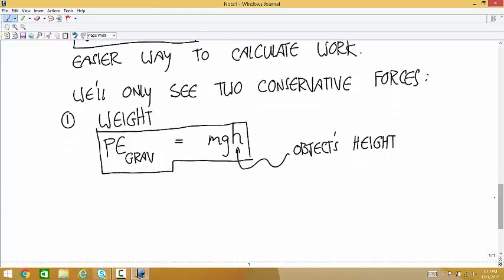So the weight is one of the conservative forces, and then the other one is spring forces, forces applied by springs. So say that you have an object, you know the object, you know the spring, and you know where the spring is connected to. Okay? The spring pulls harder as that gets stretched out more.